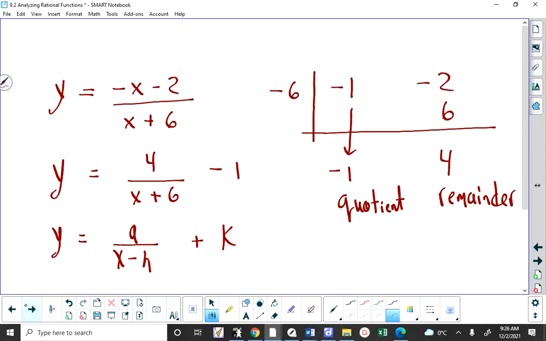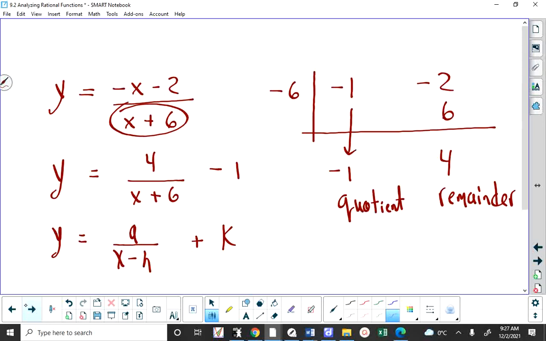By the way, I think many of you would look up here and automatically see that h is negative 6. So it's possible for you to determine h without actually doing anything. After Monday's class, I'll revisit this and show you that if you use your knowledge of asymptotes, which we haven't really discussed too much, but we will on Monday, you can determine k by looking at this.